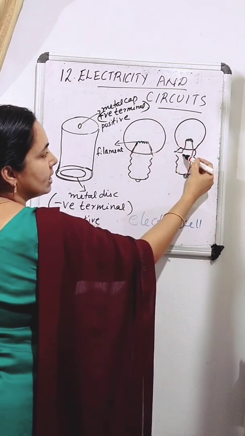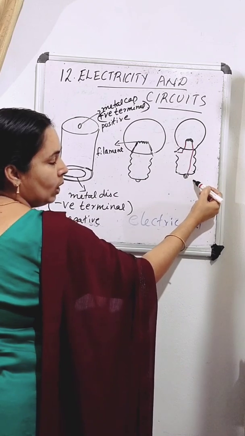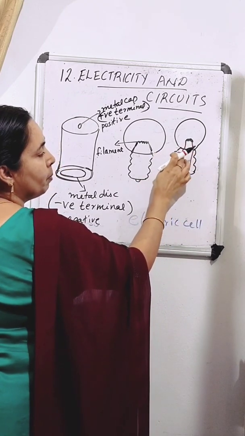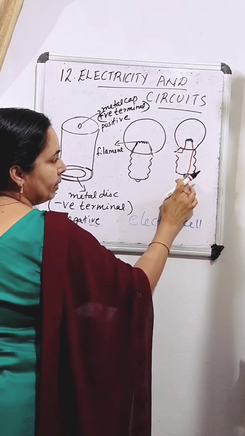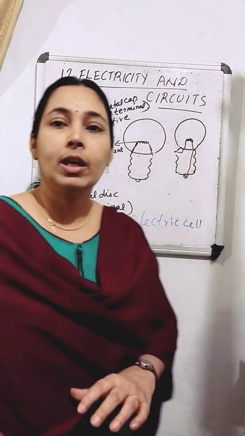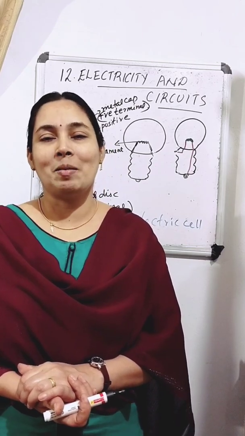One thick wire is connected to one terminal, and the other thick wire is connected to the other terminal. One terminal is the metal case at the base of the bulb, and the other terminal is the metal tip at the center of the base of the bulb. Clear now? Okay. Bye.